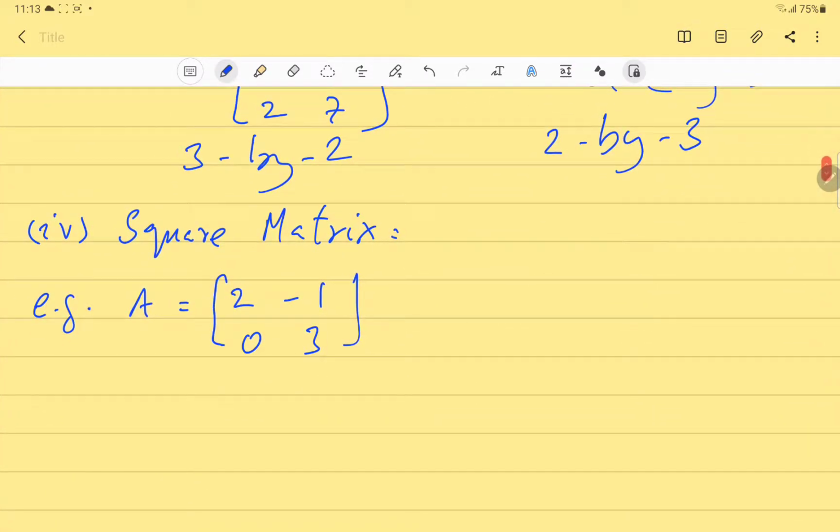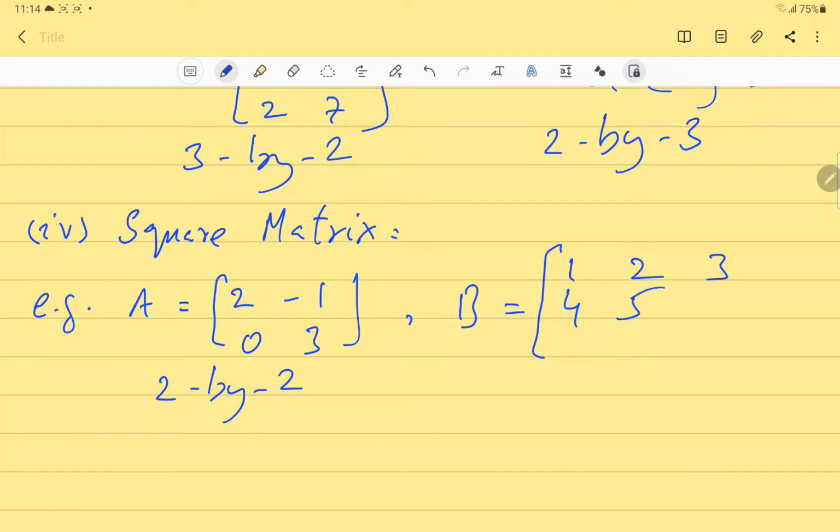So here its order is 2 by 2, means number of rows and columns are equal. Then we have B, 1 2 3, 4 5 6, 7 8 9. Its order is 3 by 3, which means it is a square matrix. Its number of rows and number of columns are equal.